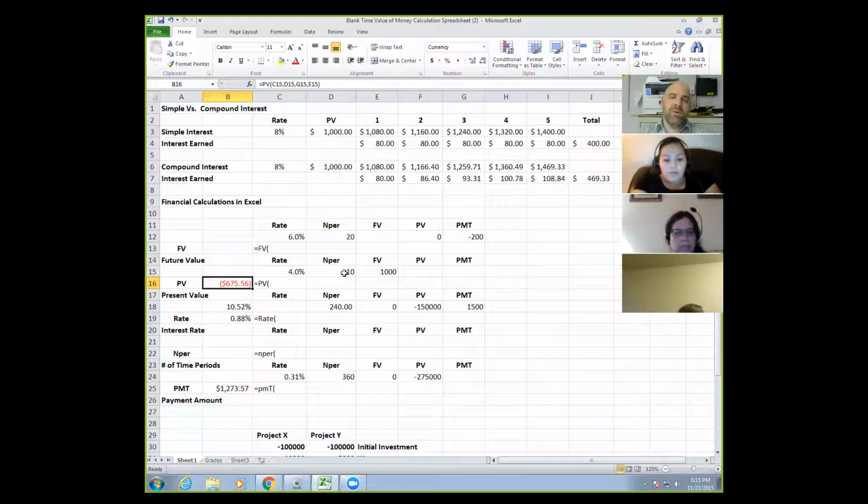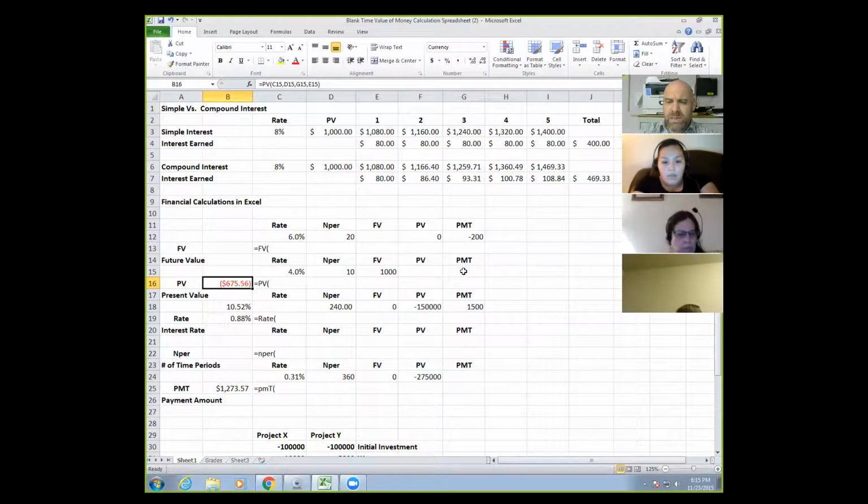So this is a year question. So everything should be in years at an average rate of 4%. So you don't have to divide your percent or multiply your number of years to convert them into months for this one. It's straightforward. And there are no payments. So you should be willing to pay $675.56 for this one.